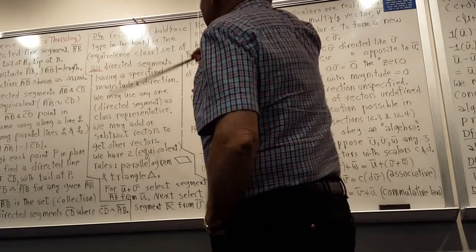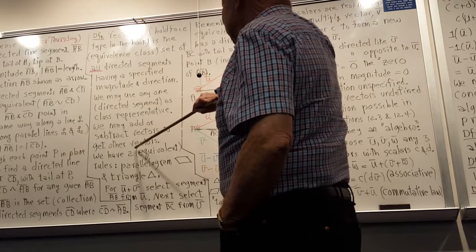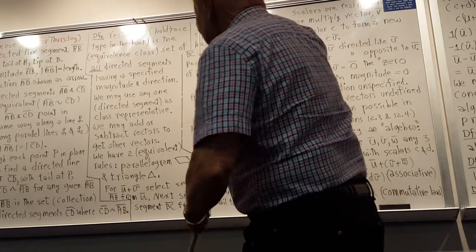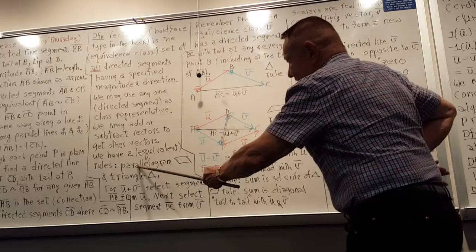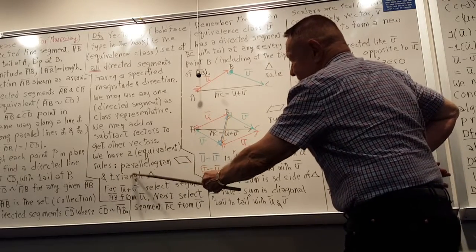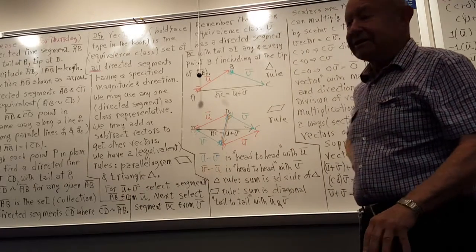Okay, so that's essentially what I'm saying here. We have two equivalent rules then, the parallelogram rule and the triangle rule for adding and subtracting vectors geometrically.